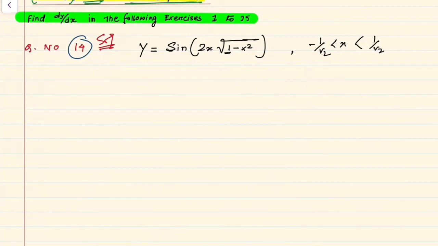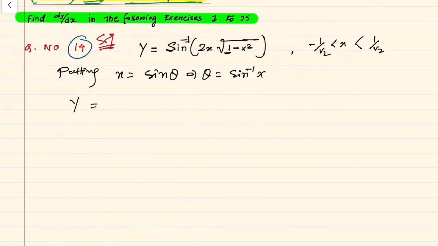So putting x is equal to sine theta, which implies theta is equal to sine inverse of x. Sorry, this question is wrong, here it should be sine inverse. So y is equal to sine inverse of twice x, where x is sine theta, then 1 minus x square means 1 minus sine square theta.